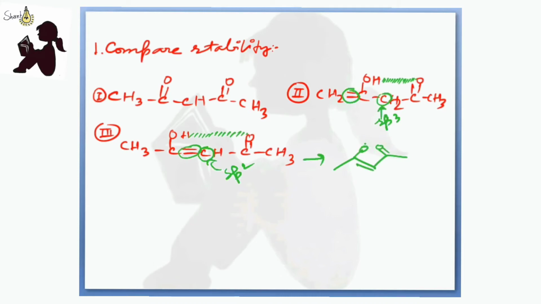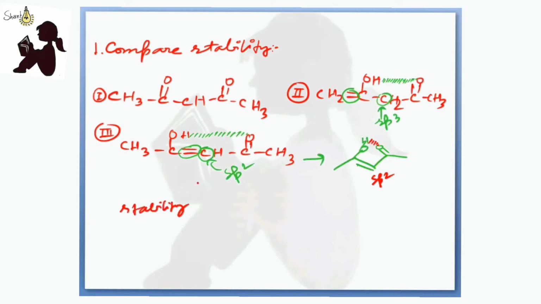So what happens? This OH and the double bond O come closer, because of sp2 hybridization. So that's why the third is more stable here. So what will be the order of stability then?